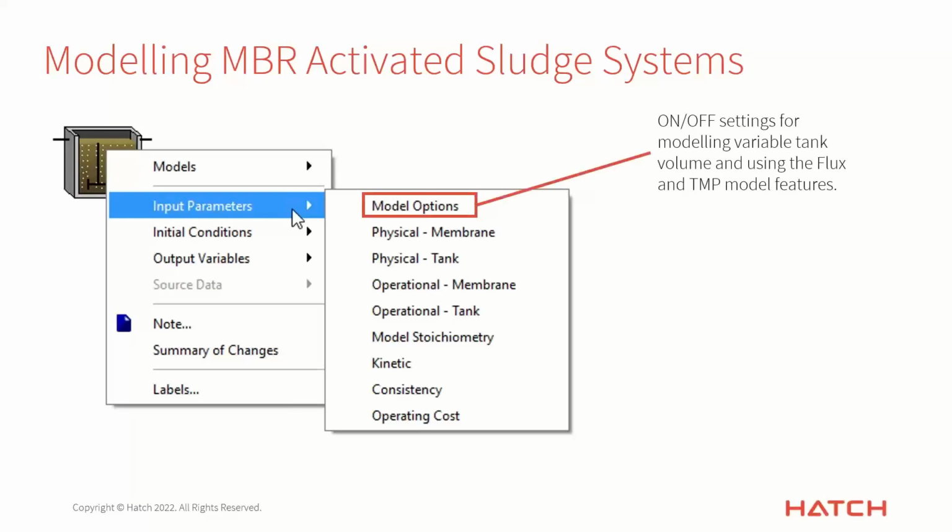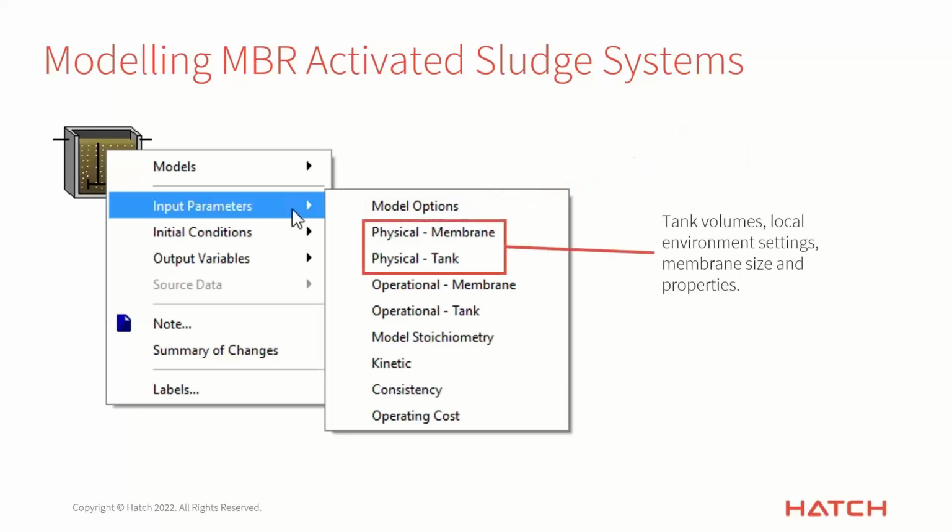So first of all, the thing you need to know is this first menu, model options, is where you can turn on and off some of the more advanced features. They will be off by default. This is where you can switch to having a variable volume tank and where you would turn on the calculation of the flux and transmembrane pressure and the backwashing activity that would be associated with that. The tank volumes, local environment settings, membrane details, resistance of the membrane, and so on, all of that stuff is in the physical menu.